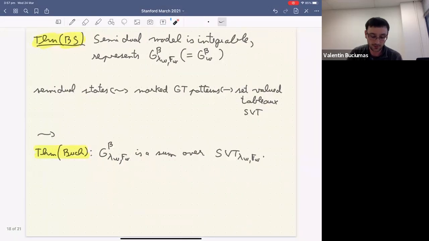The reason is that the semi-dual states are easier to see to be in bijection with marked GT patterns, which is a special version of GT patterns where you mark certain entries, and these will be in correspondence with set-valued tableaux. By this correspondence, we may reprove a theorem of Buch, which says that these polynomials are a sum over certain set-valued tableaux.